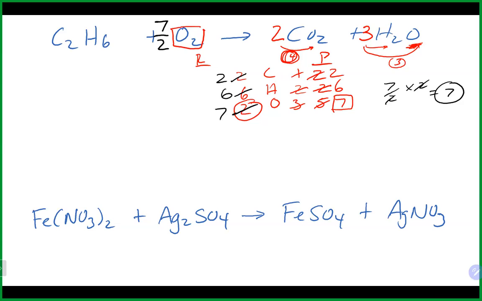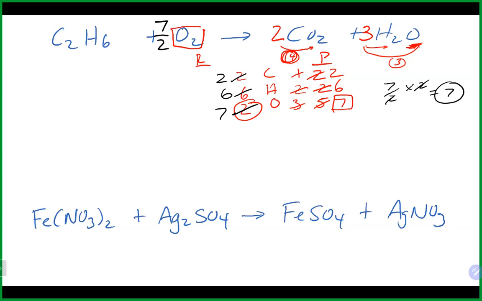It is technically balanced at this point, but the one thing that you should always have at the end is all whole numbers. So this would not be the properly balanced equation because the coefficient 7 over 2 is not a whole number. So this illustrates that sometimes you do need to use a fraction to balance the equation, but you cannot leave the fraction there. So you've got to get rid of the fraction.